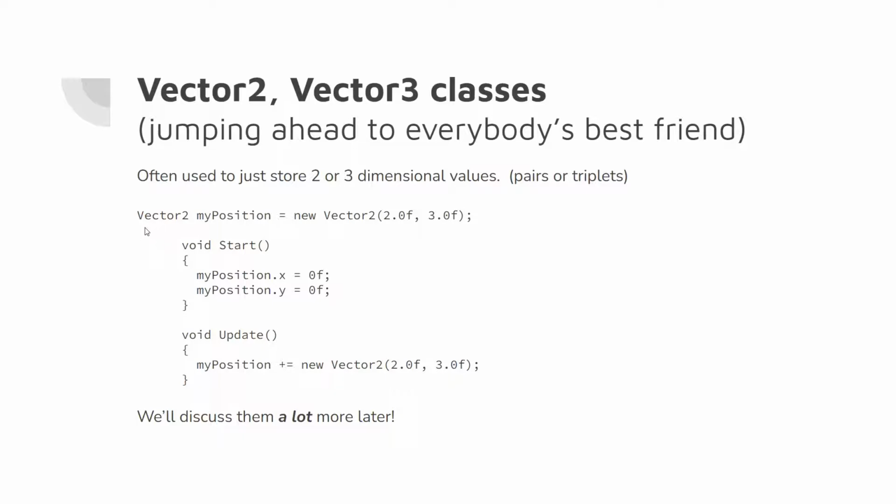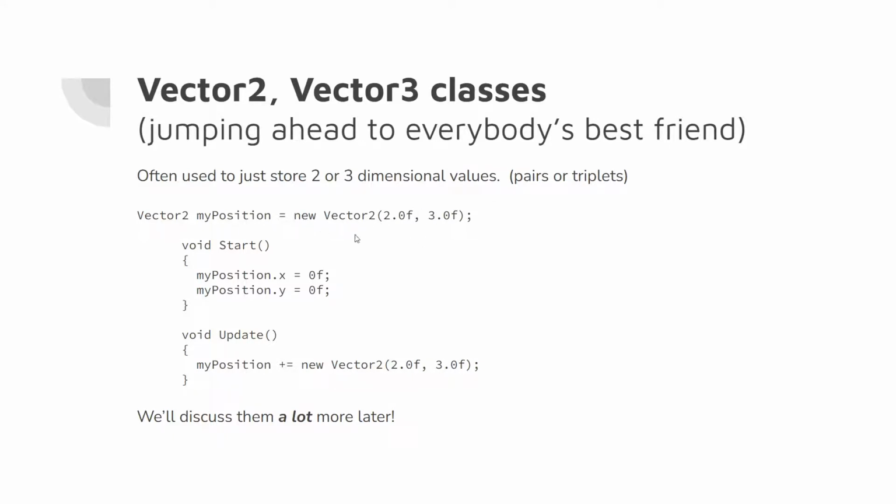Pairs or triplets. And in order to use those, we have to have a bit of special syntax to do that. Like, so we have something where we say, okay, we have vector 2, my position, and because it's a class here, not just a built-in type, we have to say, oh, give me a new, and tell it what type of vector 2 and what its initialization is, right?